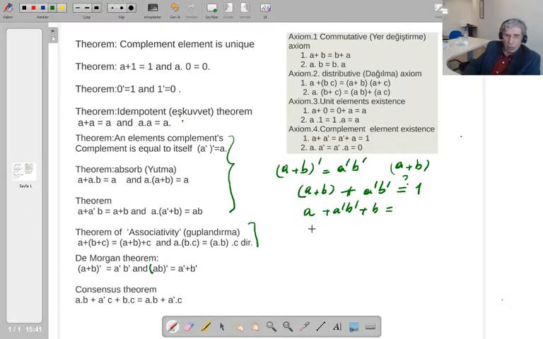So here I've got this left hand side, isn't it? This one. So if I use the distributive axiom, it's A B'.